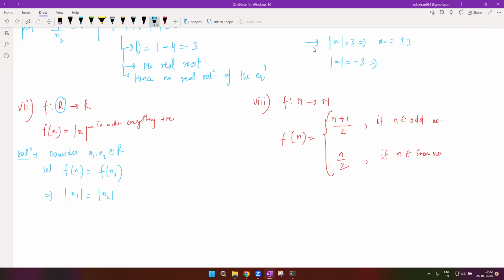So we said that, okay, if you take x as 3 or minus 3, then the modulus of both of them will give you 3, which is correct. But in the second case, if you apply the direct mathematical rule that remove mod and apply plus minus to the opposite side, then you get the same result. So this plus minus will become minus and this minus minus will become plus. So I've written it like this, minus and then plus.